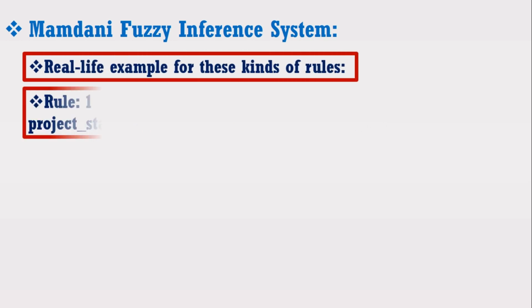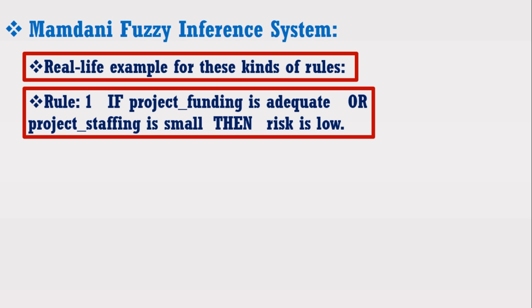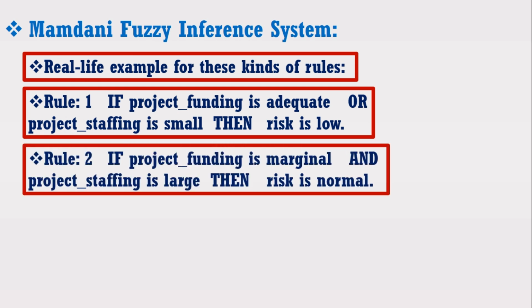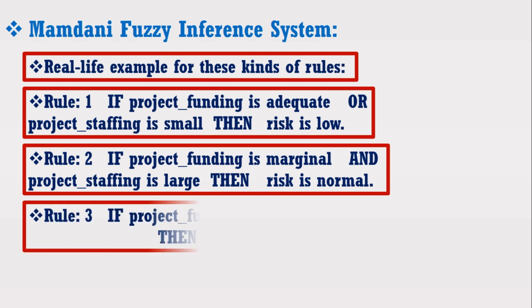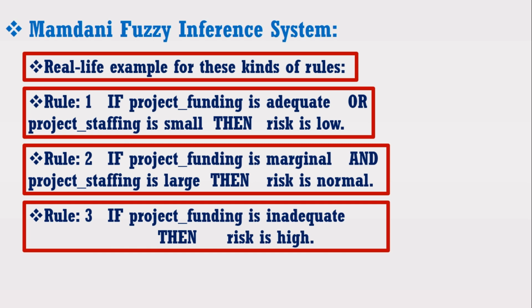Suppose rule number 1 stands for: if project funding is adequate or project staff is small, then risk is low. Rule number 2: if project funding is marginal and project staff is large, then risk is normal. Rule number 3: if the project funding is inadequate, then risk is high. Now let's start the fuzzification again.